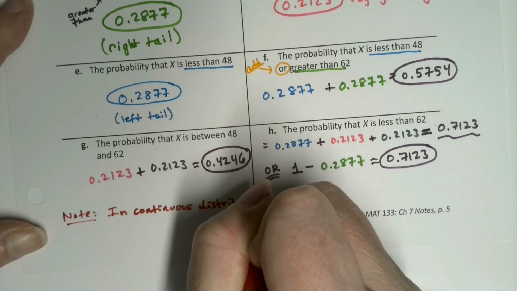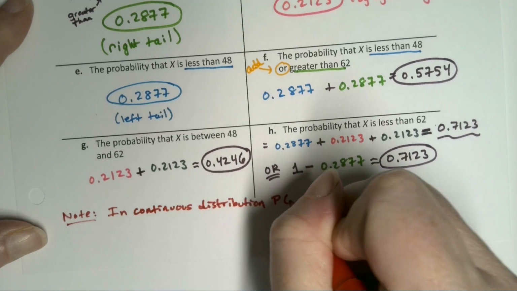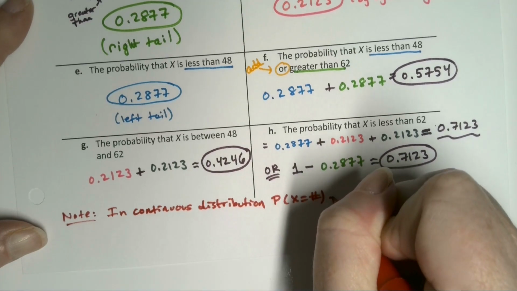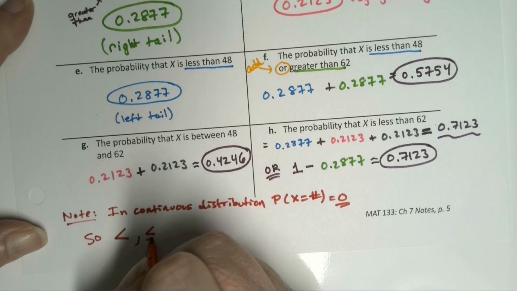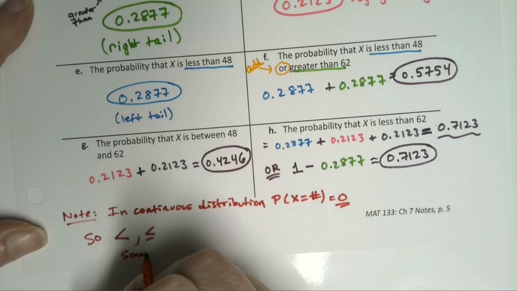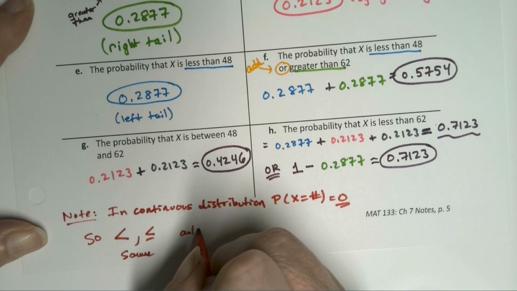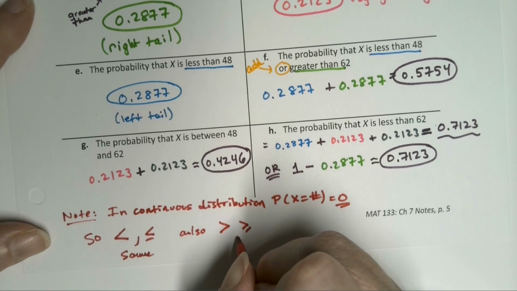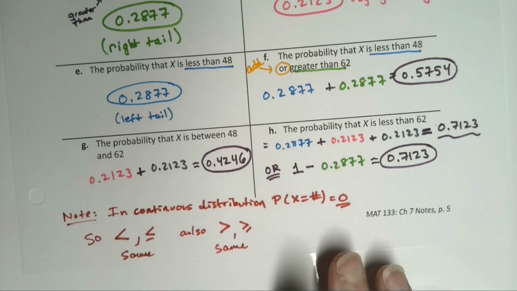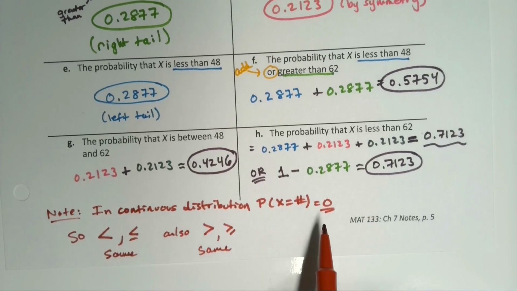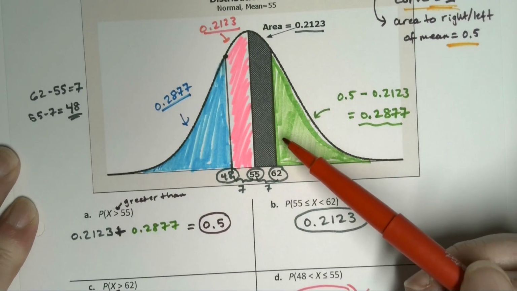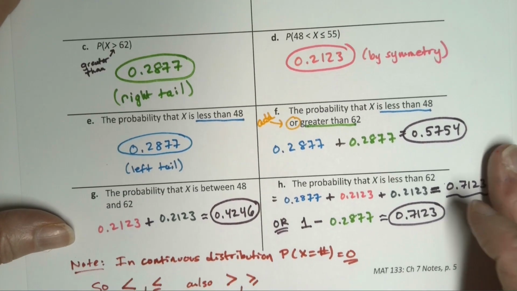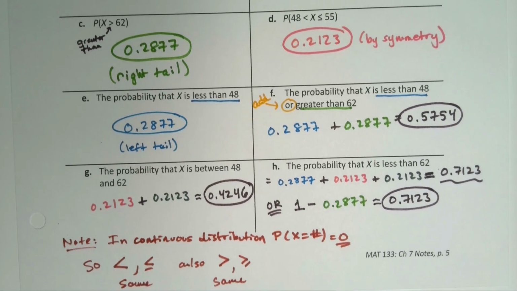Okay, so that means that it doesn't matter whether you include the number or not. So a less than and a less than or equal to are the same. Also, a greater than and a greater than or equal to are the same. It doesn't matter because the equal to part doesn't add anything. It adds no probability. The line itself has no area, so the line itself does not add any probability. That's why sometimes I can say less than and sometimes I can say less than or equal to, and it doesn't make any difference.